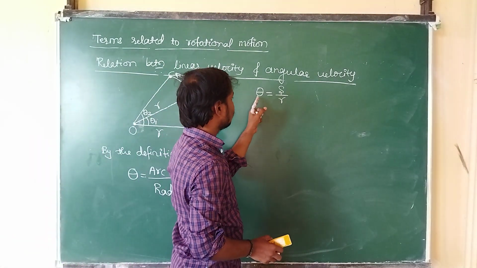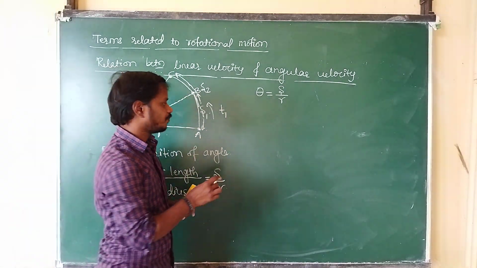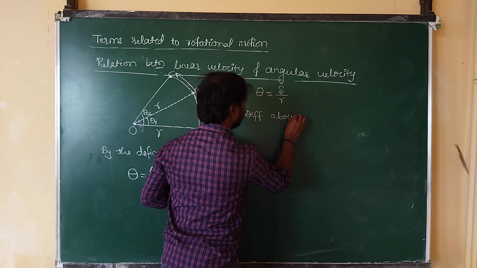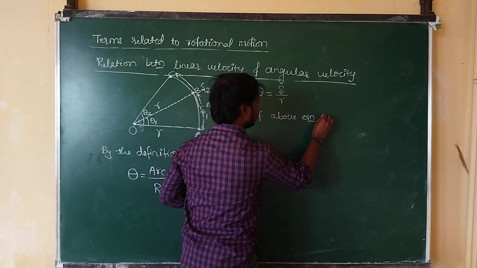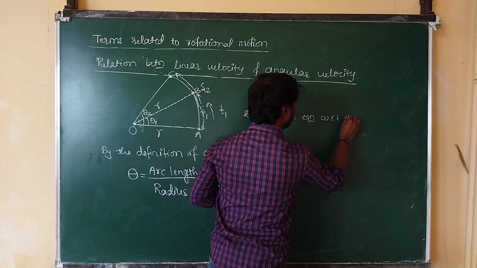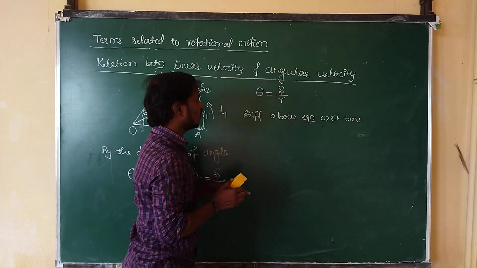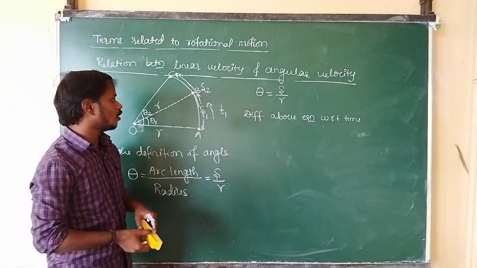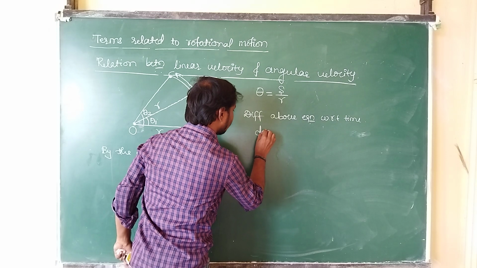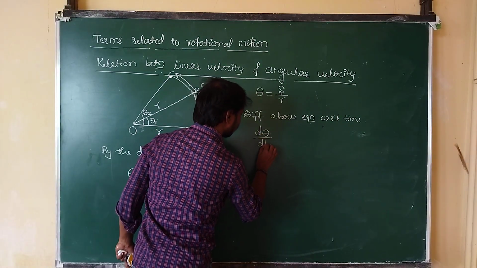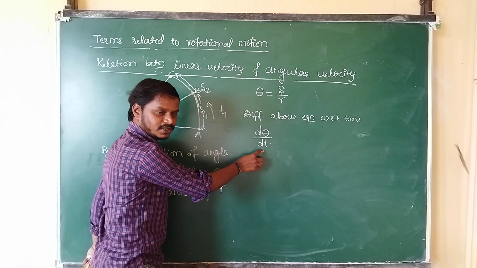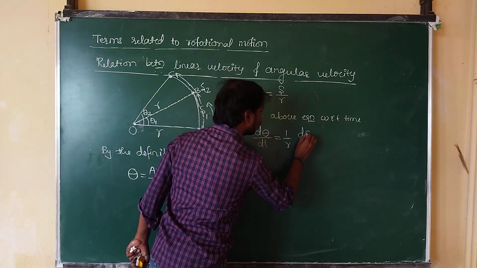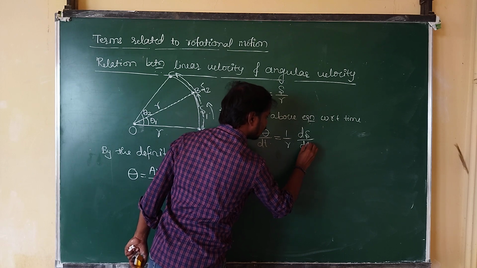So differentiating the above equation with respect to time. Here theta and S both are variables, but the radius is constant. So the rate of change of angular displacement, meaning the change in angular displacement with respect to time, equals 1 by r into the rate of change of linear distance with respect to time.